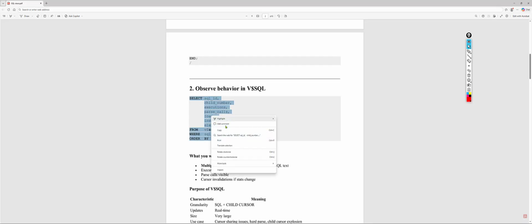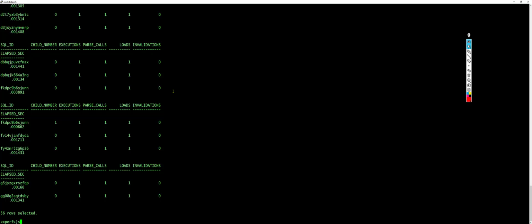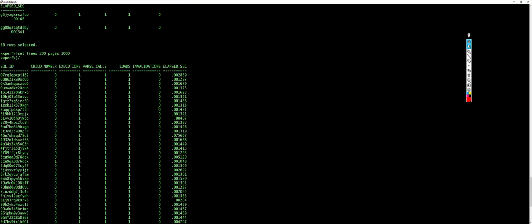Now the main goal of the session is to monitor that particular SQL that we executed using these views. First we are going to use V$SQL. This V$SQL is the most commonly used SQL monitoring view by every DBA when it comes to the SQL statement.